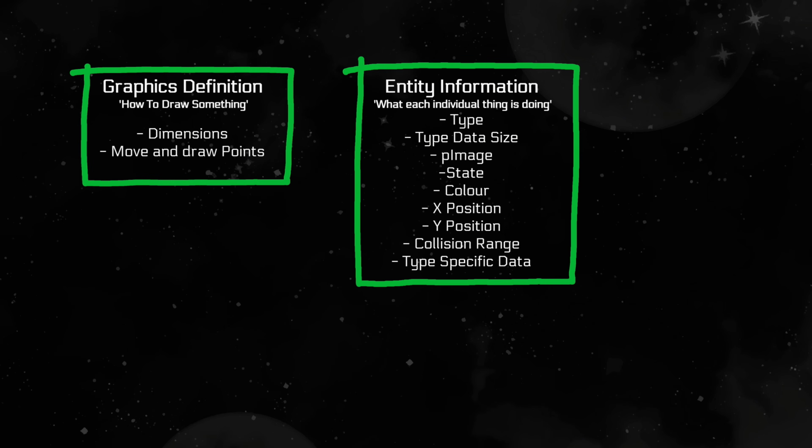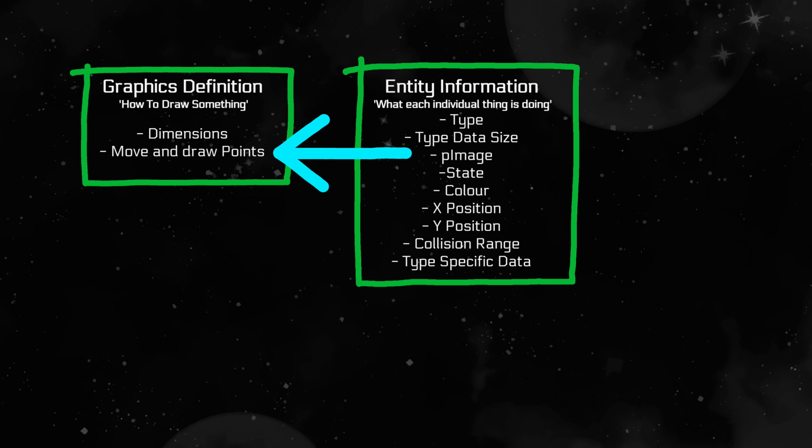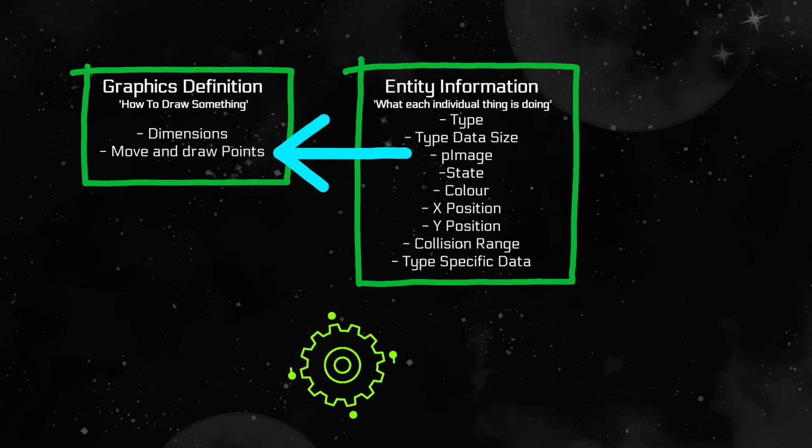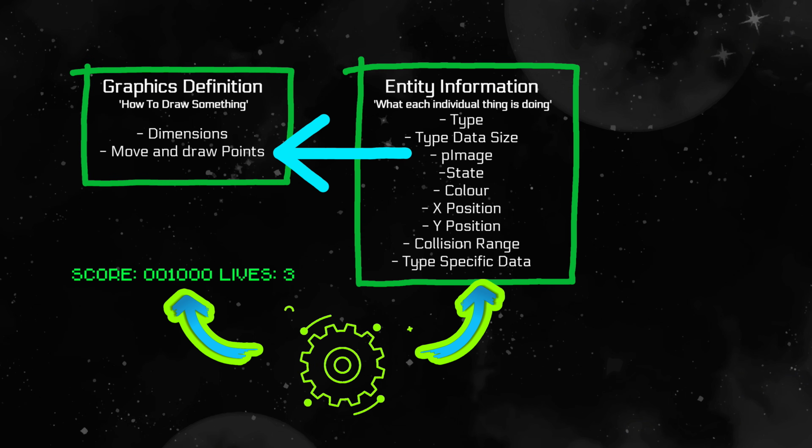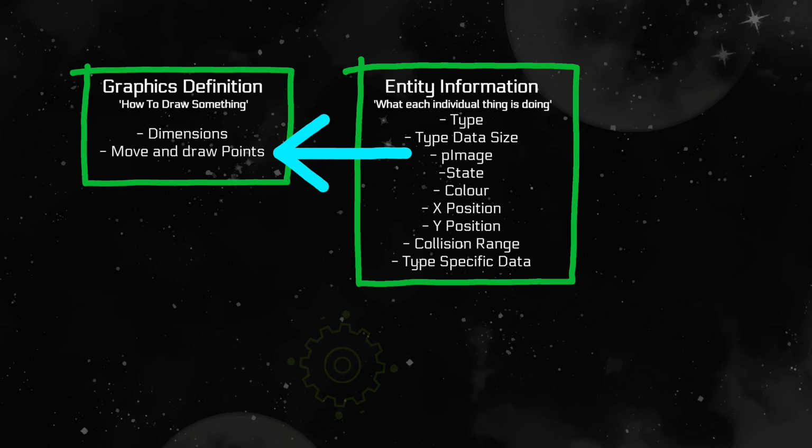I want to have a general structure containing the type ID, the size of the data, a pointer to its graphics definition so we know how to draw it, its state, colour, position, some data to help with collision detection, and any extra type-specific data. A game engine loop will control all the entities and manage things like the score and lifespan of everything.